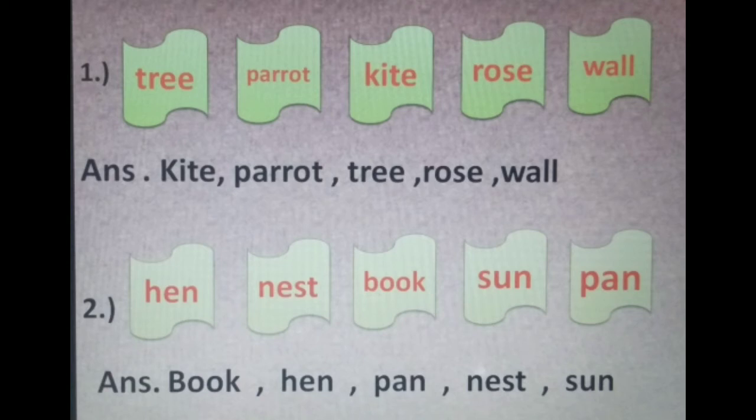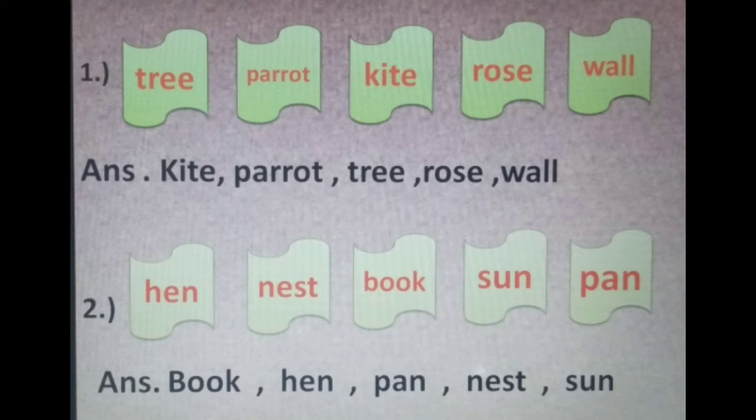Yes, rose. Now, the last word. Again we have to recall ABCD. A, B, C, D, E, F, G, H, I, J, K, L, M, N, O, P, Q, R, S, T, U, V, W. Yes, you are right.